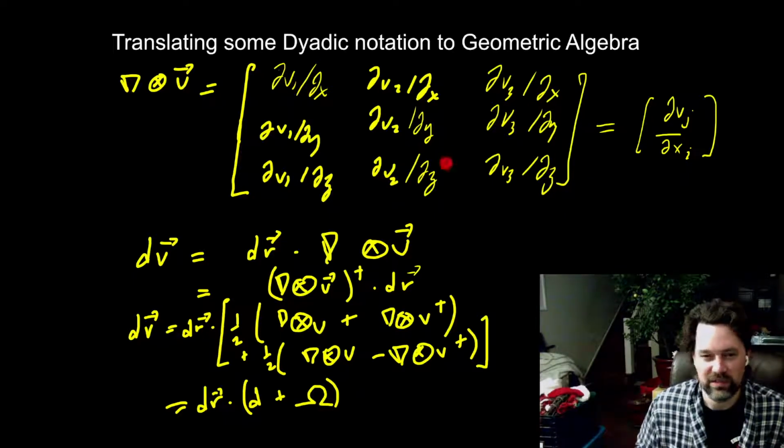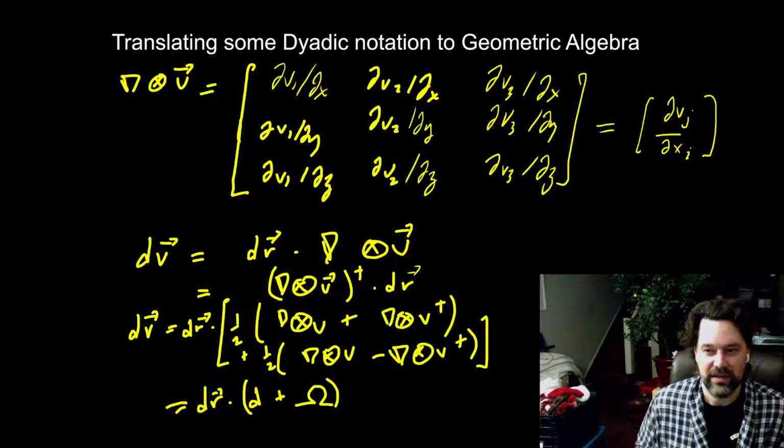That can be written out in a matrix form, where we have the d/dxi row and the vj column, so v1, v2, v3 columns, d/dx1, d/dx2, d/dx3 as the row entries of this particular matrix.